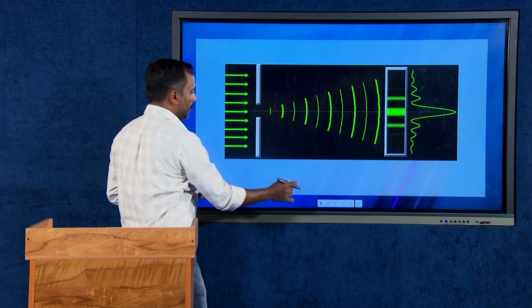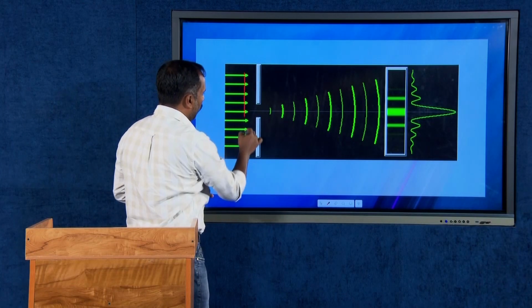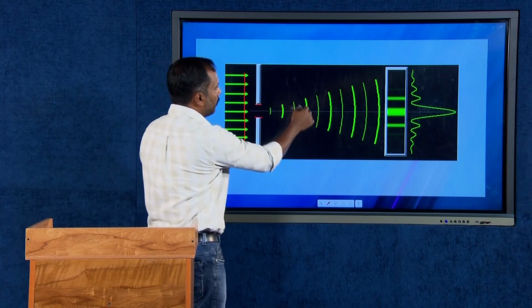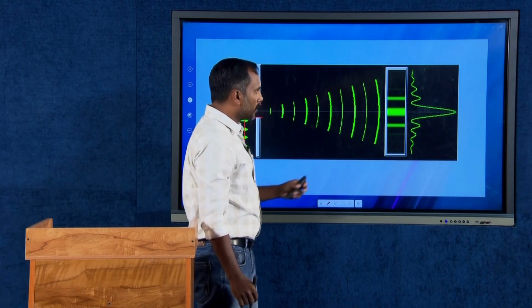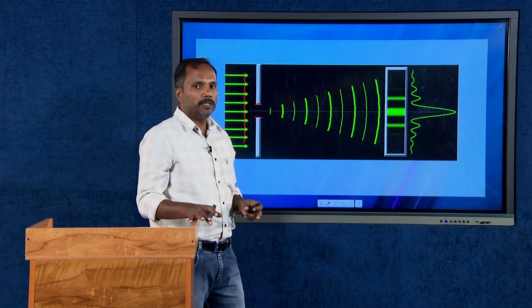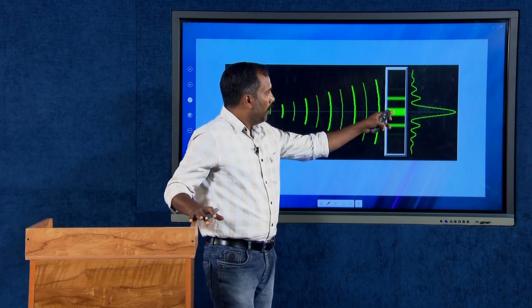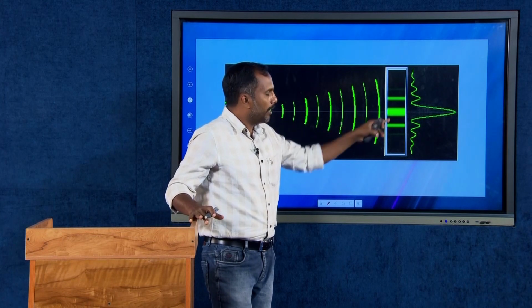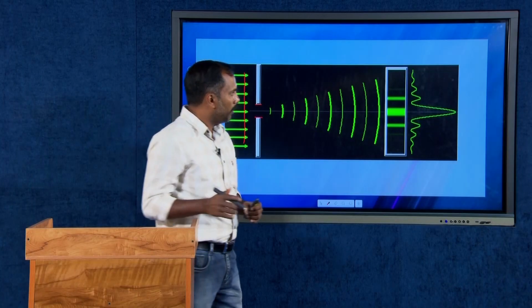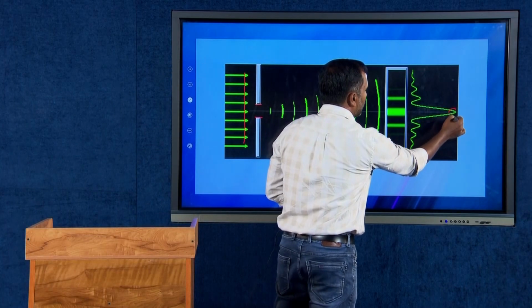monochromatic wavefront is incident on a single slit, passing through it and spreading towards the screen, and on the screen we will get alternate dark and bright regions. At the center we get a highly intense point, which we call the central maxima.